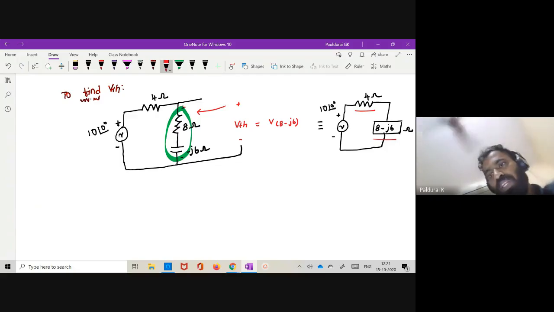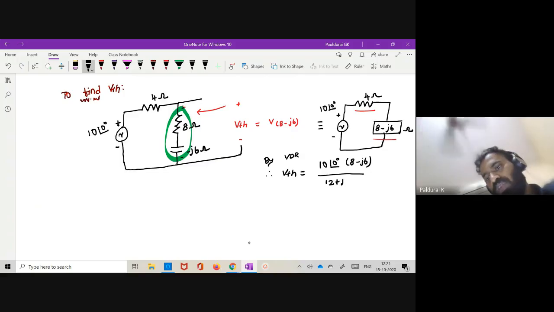But this is my VTH. The VTH is the voltage across 8 minus J6. Therefore, by VDR, by voltage division rule, what is my VTH? Applied voltage 10 at an angle of 0 times the same resistance 8 minus J6 divided by total resistance 12 minus J6. Now what is this answer?